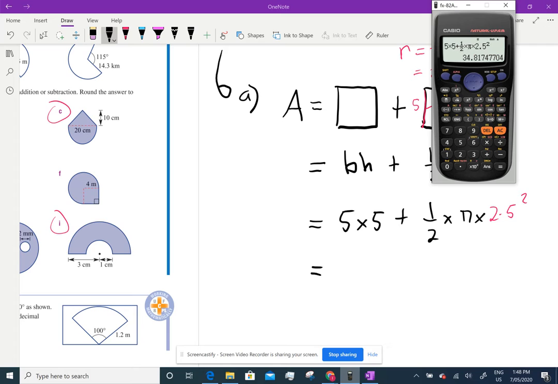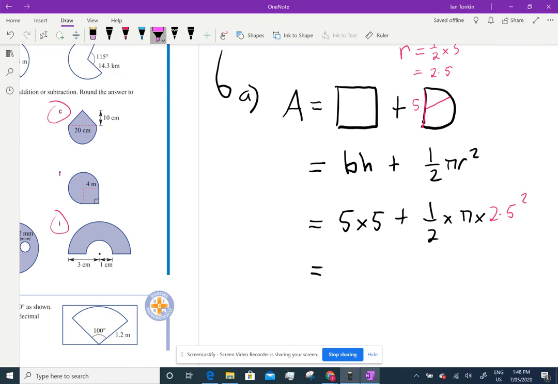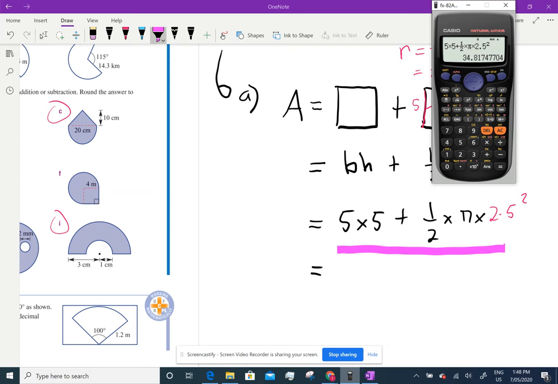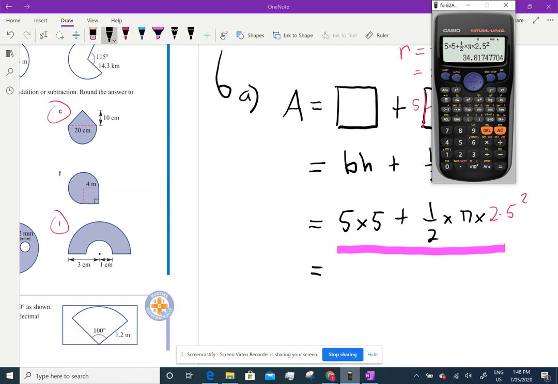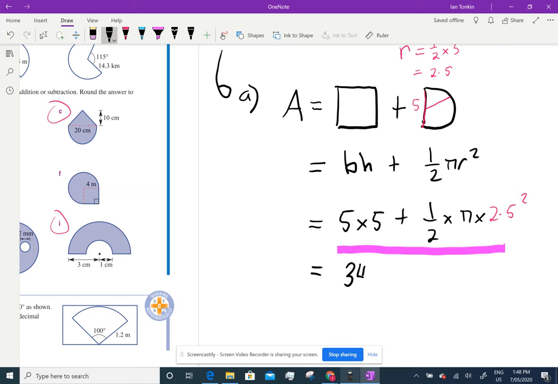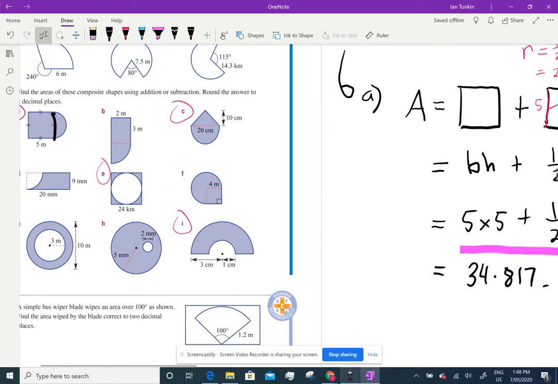This line that you've written here is the most important line. The answer, you could mess up, but that line shows the marker exactly that you know what you're doing. So 34.817... We're going to 2 decimal places.